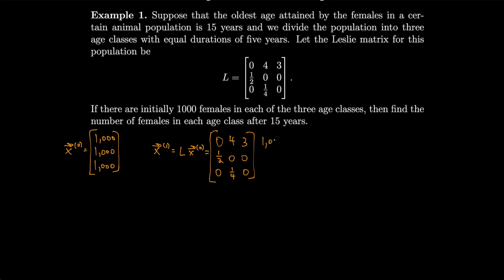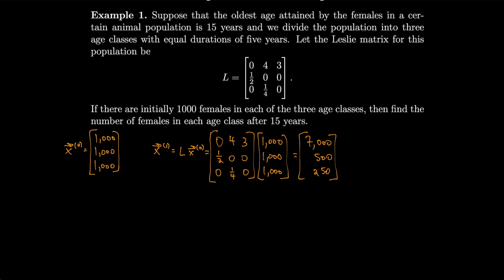Multiplying that by 1,000, 1,000, 1,000 gives us 7,000, 500, 250. So that's what the distribution would look like after 5 years.